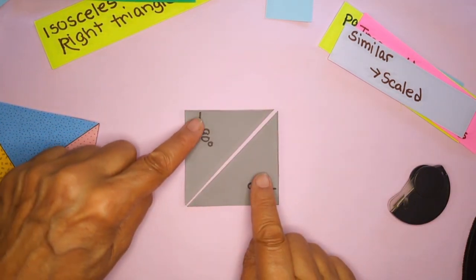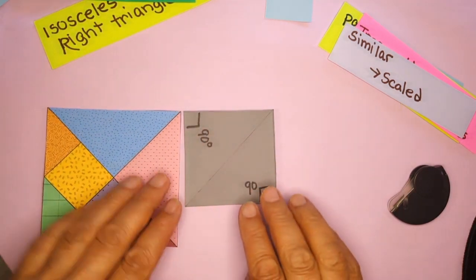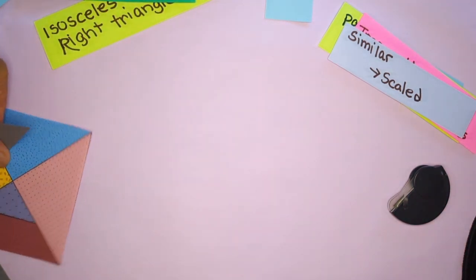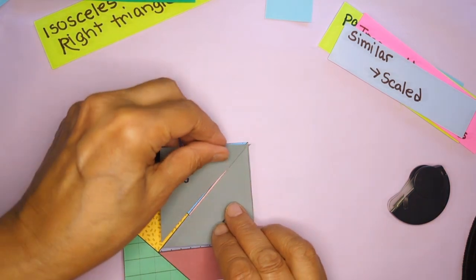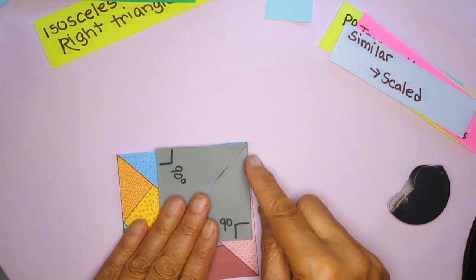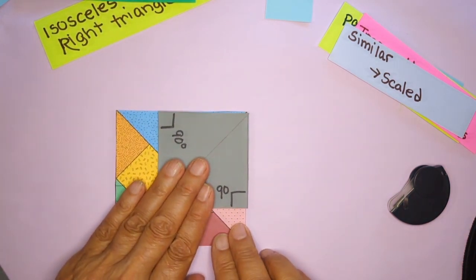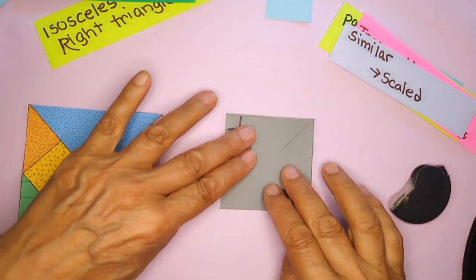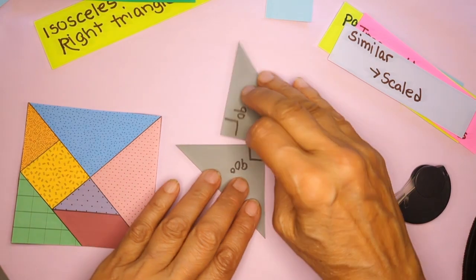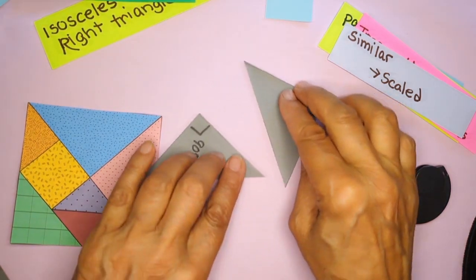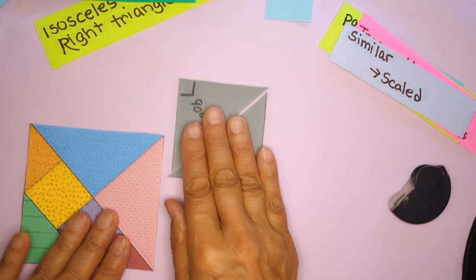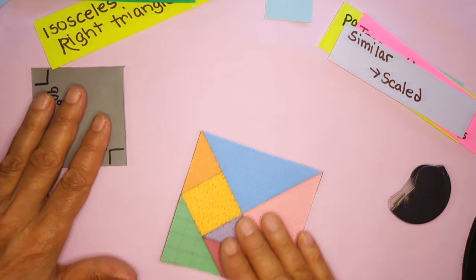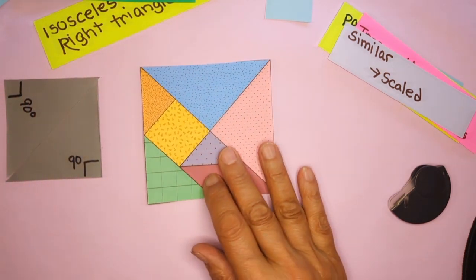Okay, we've got them on opposite sides of each other. And look, that corner still fits in our square. So that's also now a 90-degree angle when they're together. Okay, so let's put these aside for now and look at what we've got over here.